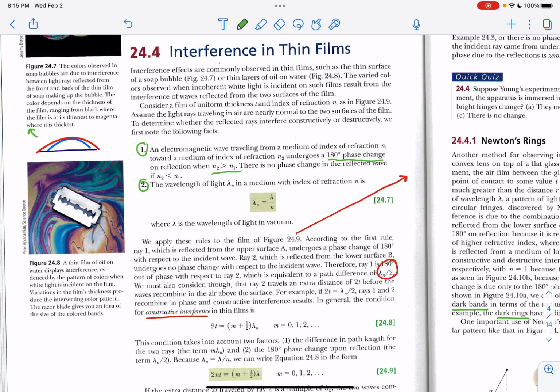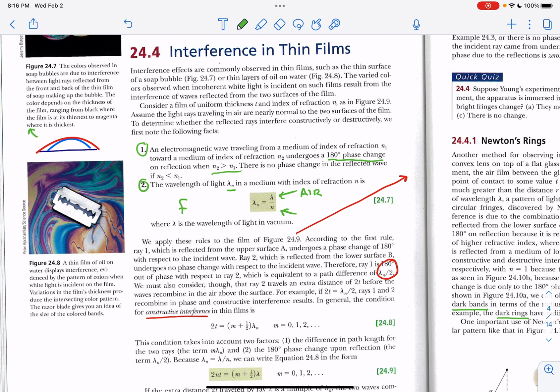And number two, the wavelength in that medium, such as glass or water, is going to equal the wavelength in air divided by the index of refraction. Now let's keep in mind that the frequency of the light doesn't change. If it's a red beam of light coming in, it's going to be a red beam of light that's reflected or refracted out.